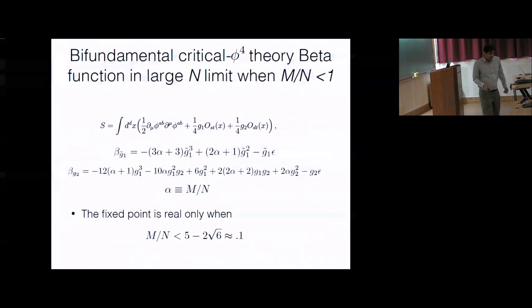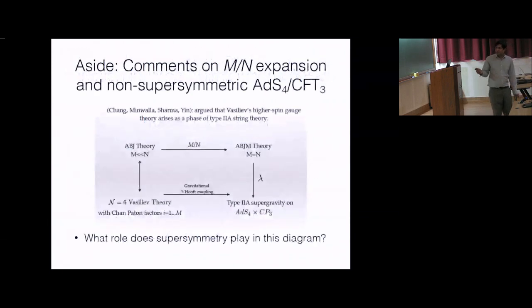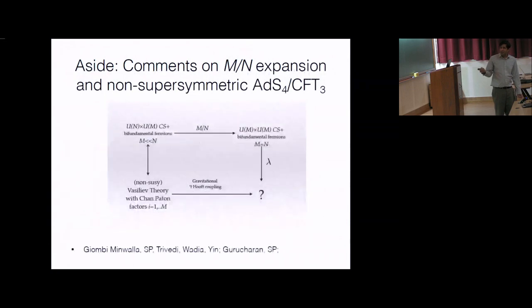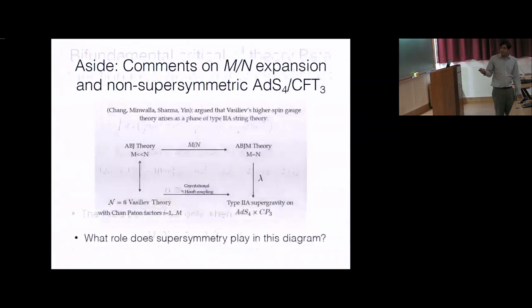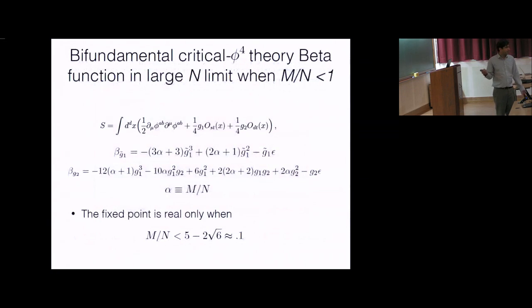So we're almost finished the talk. So what does it mean? Well, it could mean different things, but it means, in the appropriate Vasiliev theory, that something happens when the 't Hooft coupling becomes 0.1.